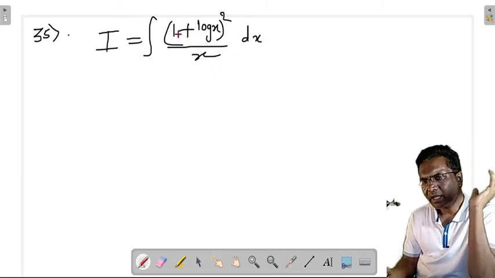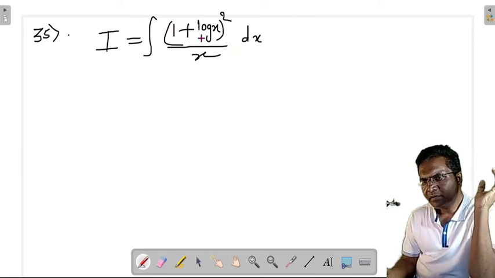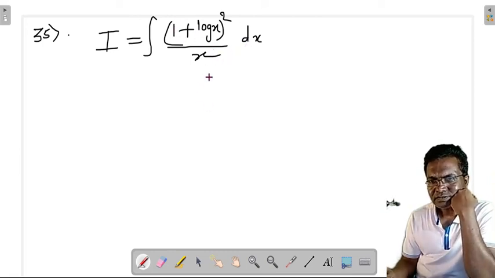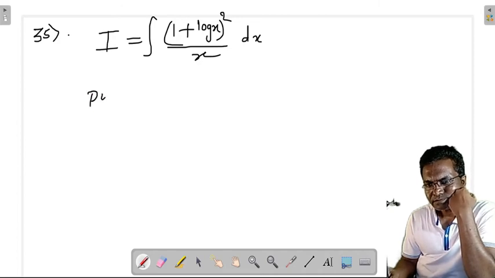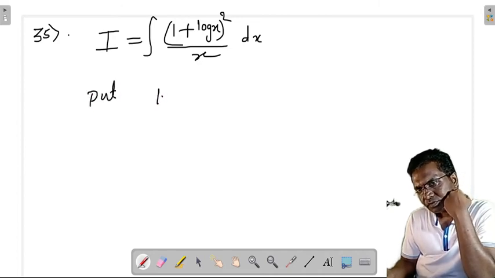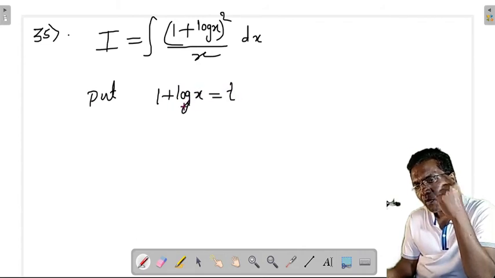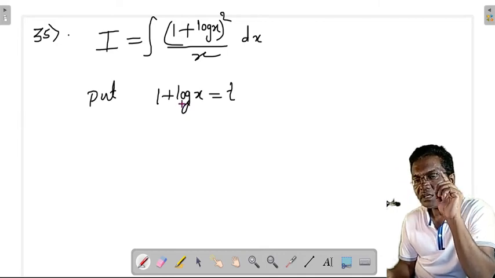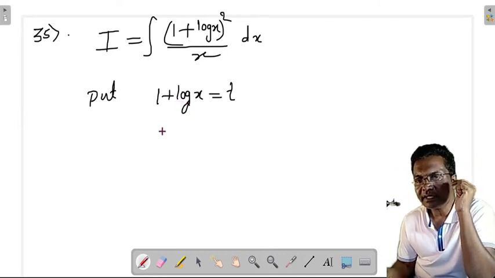Looking at this, the derivative of log x is 1 by x, so it is right there. So put 1 plus log x equals t. This idea will come only if you are good at differentiation. Otherwise, you can't get this idea.